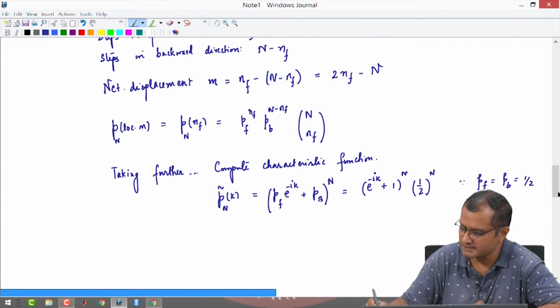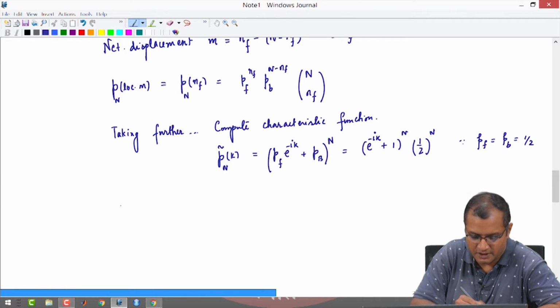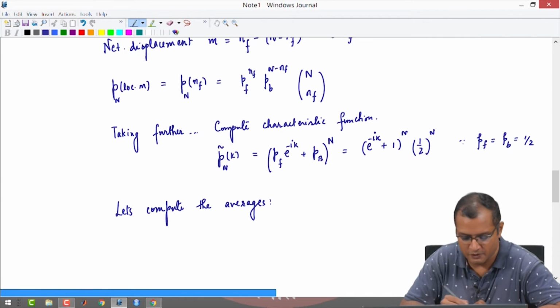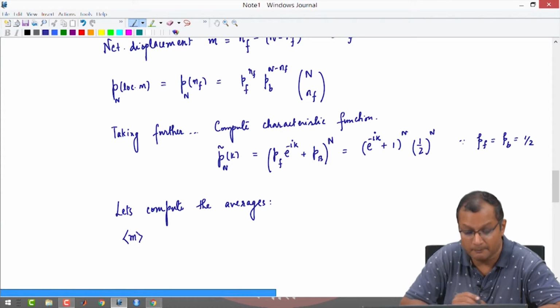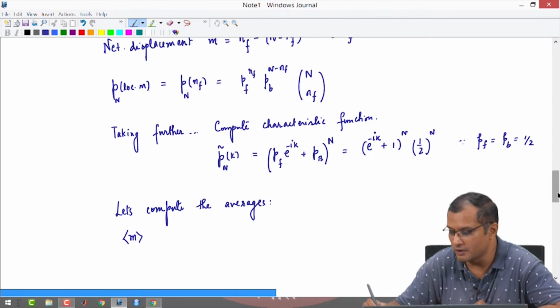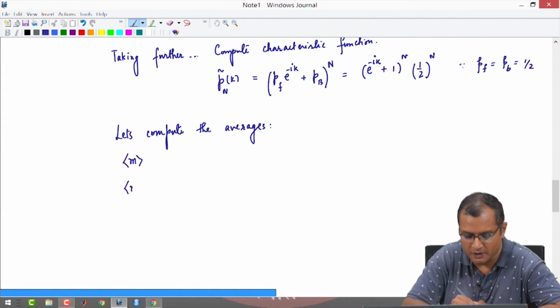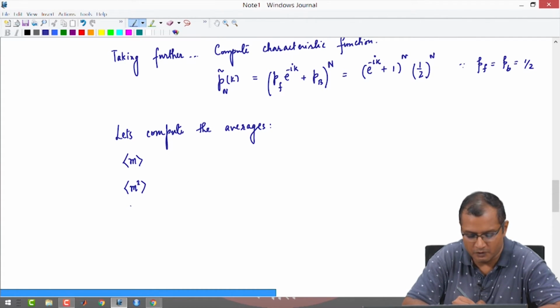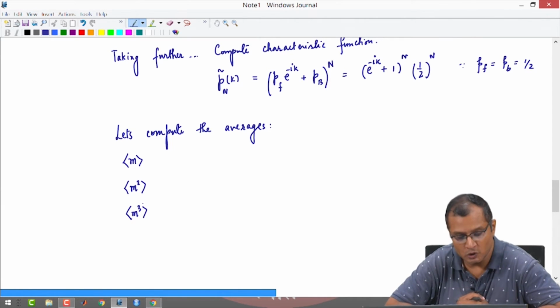So, suppose you are interested now in computing the averages. Okay. Suppose you want to compute the average displacement, or you want to compute the average of the square of the displacement, or you want to compute the average of the cube of the displacement.